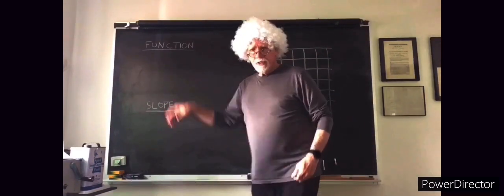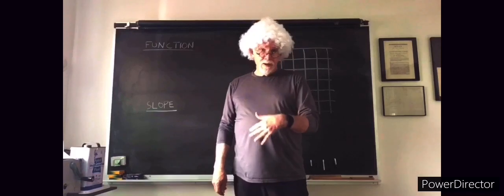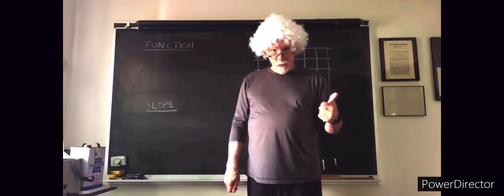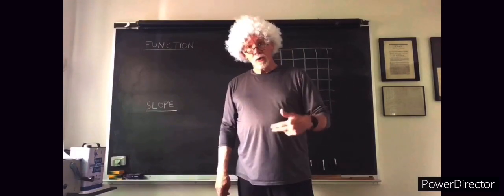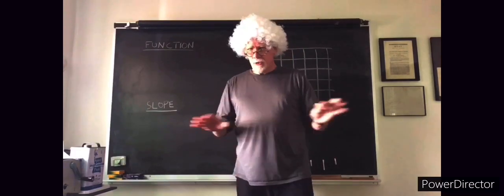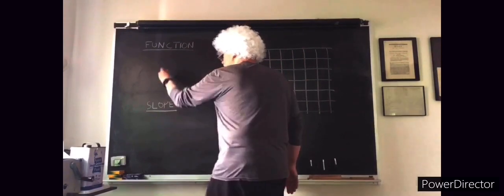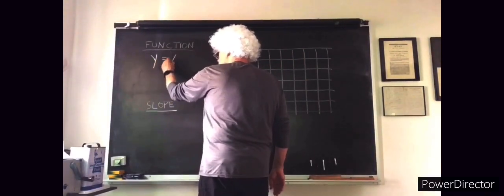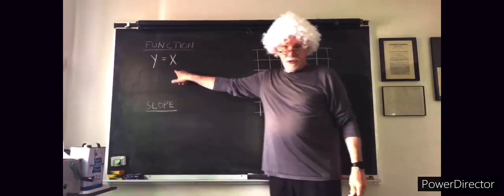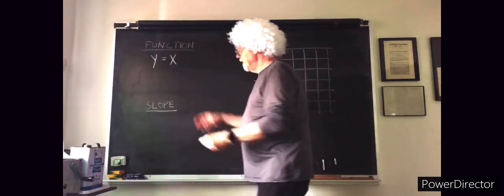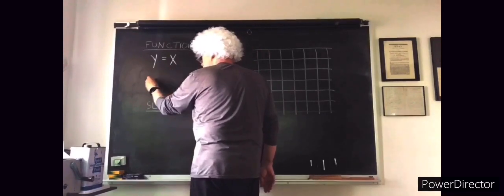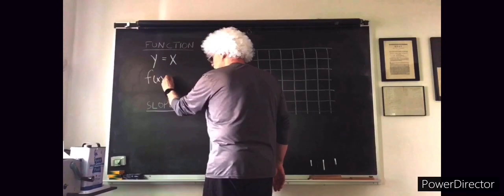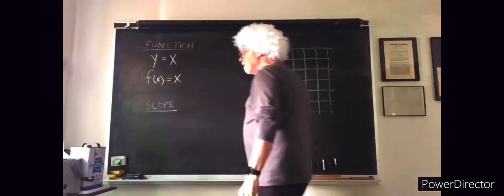So a function is nothing more than two or more variables where the value of one variable depends on the value of the other. So we just use a real simple one. This is very easy. We're going to say y, one variable, is equal to another variable, x. And that can be written as a function of x equals x.